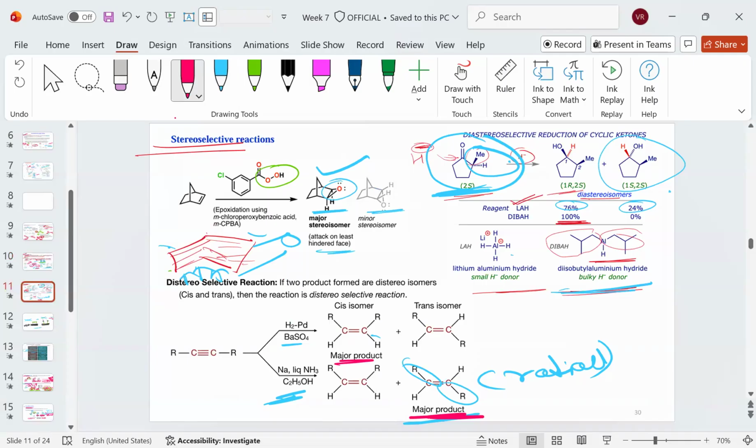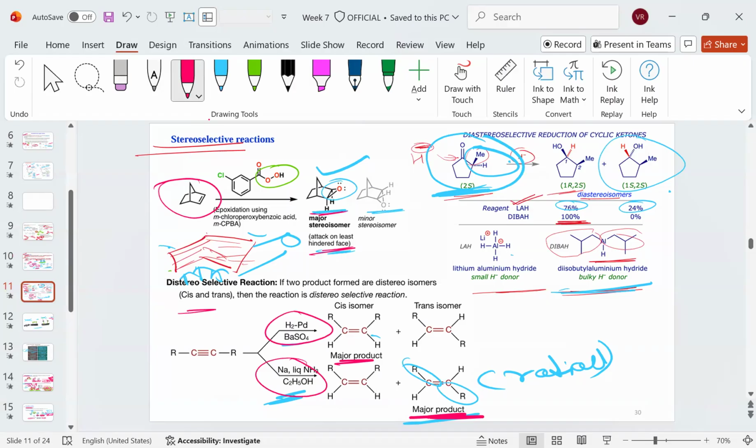In such systems, where there is a hindered face present in the starting material, we get the epoxide formation in the exo form, not the endo, and this is again an example of a stereoselective reaction. Further, we have seen two different reaction conditions and how they give stereoselectivity in the product.